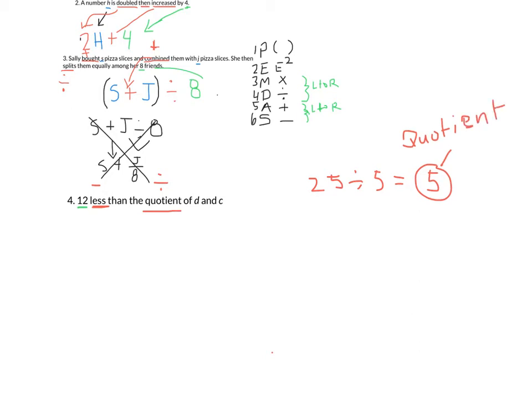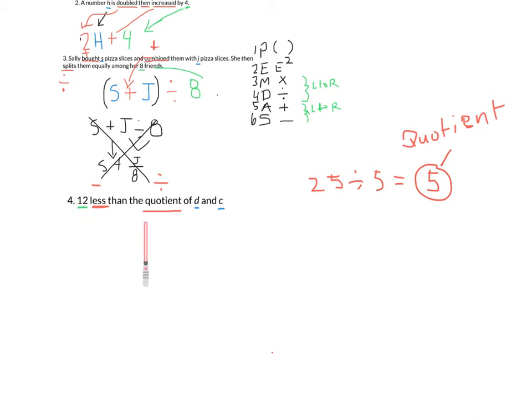So quotient: answer to a division problem. Please make sure you have this example copied down. This is going to help you tremendously if you don't know what the word quotient means. And then we have of D and C. So we got our two variables right here. Okay? So we can actually say, and a lot of you guys did this, you followed it, which I can't blame you, and I'm not getting super negative about this.